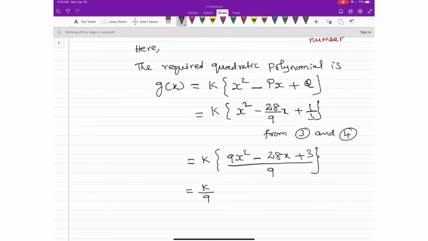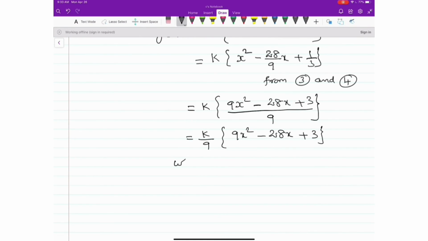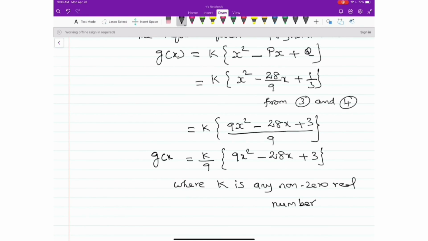So k by 9 into 9x square minus 28x plus 3, where, it's a very important one, k is any non-zero real number. You have to write the quadratic polynomial. So as I told you, this is your g of x.